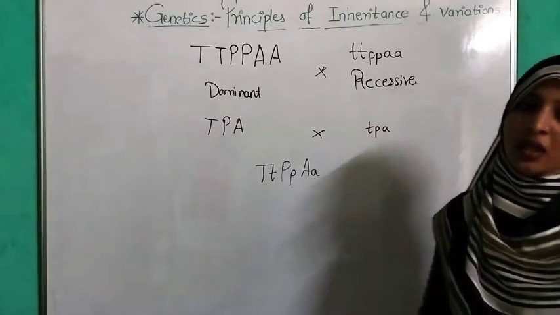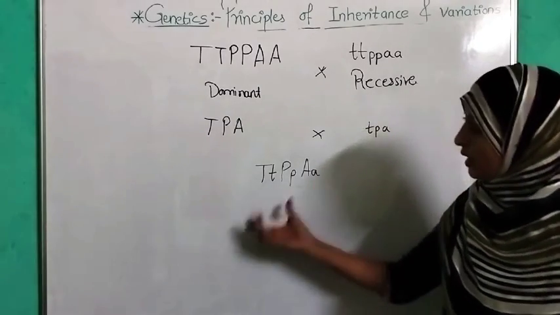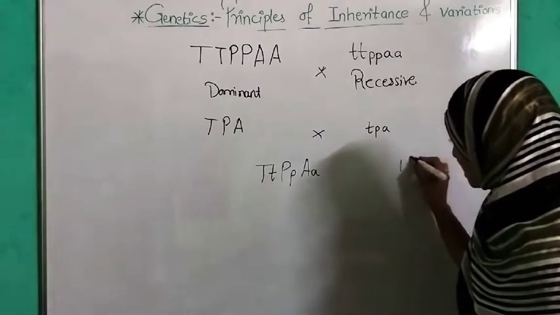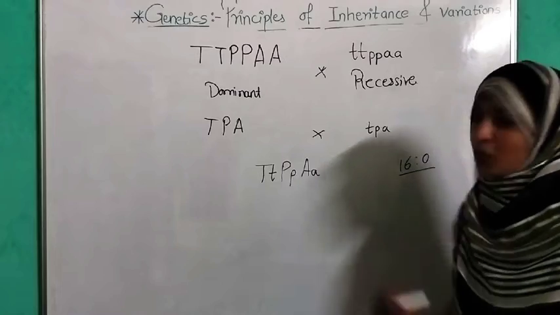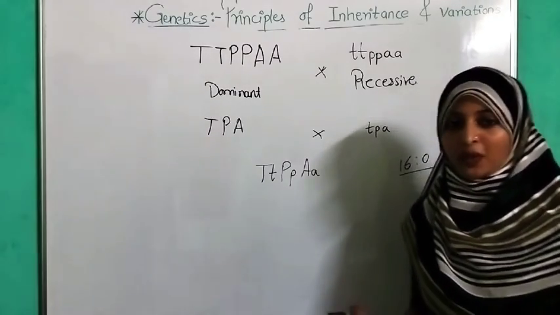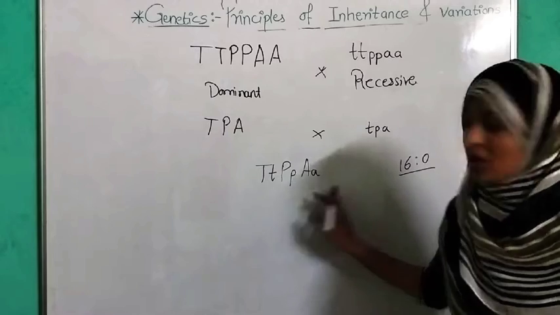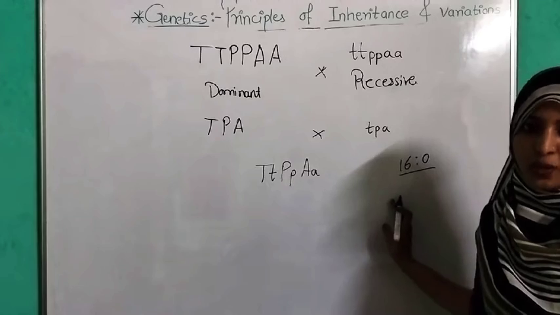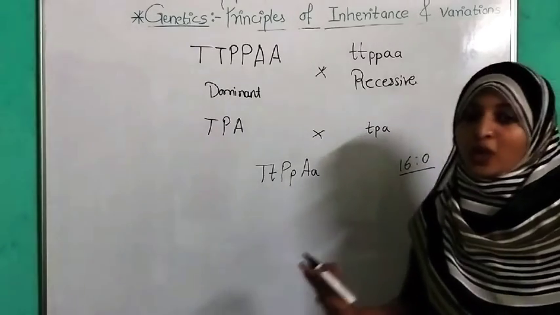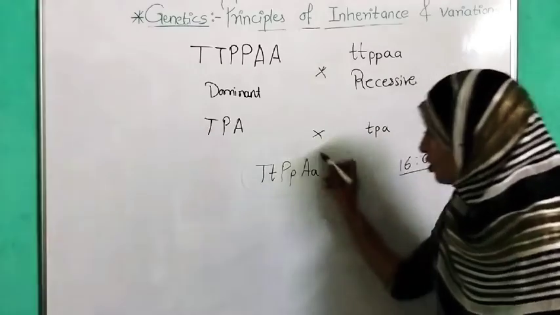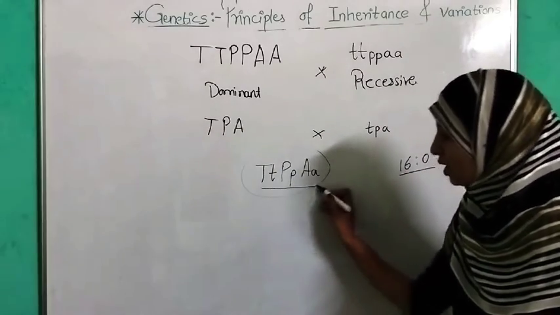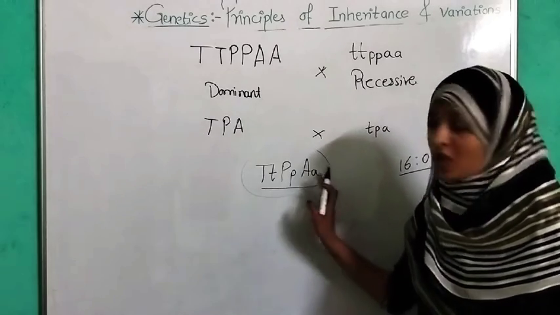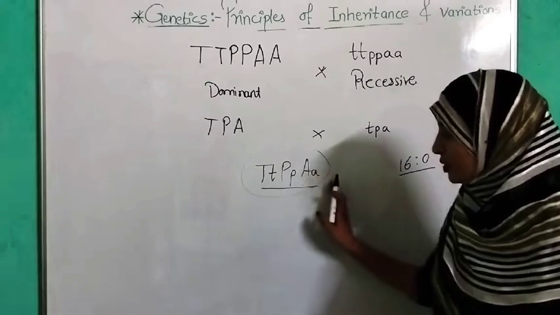Means all 16 as to 0 are heterozygous tall plants with purple flower and axial position. So we get the phenotypic ratio 16 as to 0 as well as the genotypic ratio 16 as to 0, because the combination of the two different parents gives a heterozygous tall plant with purple flower and axial position, 50% from the male parent and 50% from the female parent.